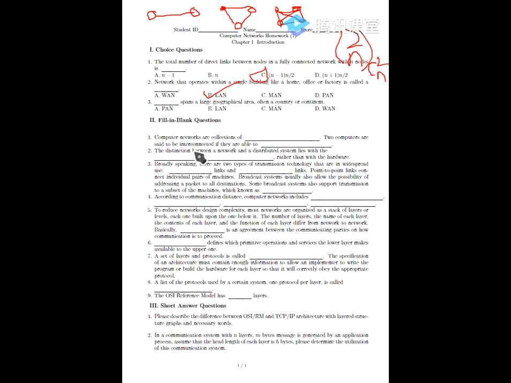Then computer networks are connections of autonomous computers. Two computers are said to be interconnected if they are able to exchange information.